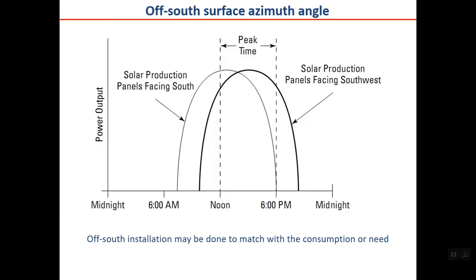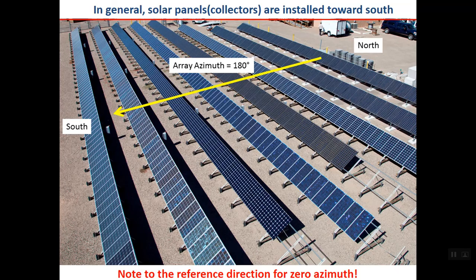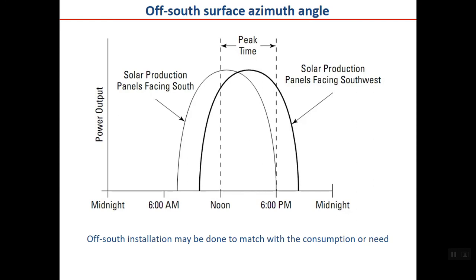Similar to the slope angle, there are a lot of complexities behind that, because if you want a simple rule, face the panels or collectors toward the south, but there may be some more complexities. For example, what's the effect of an off-south surface azimuth angle?